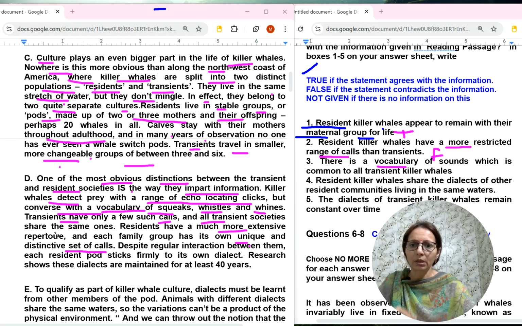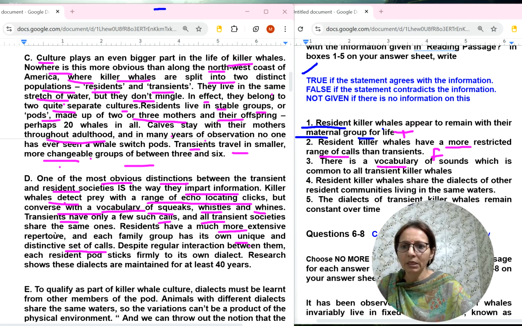Between is the way they impart information. Killer whales detect prey with a range of echolocating clicks but converse with a vocabulary of squeaks, whistles and whines.